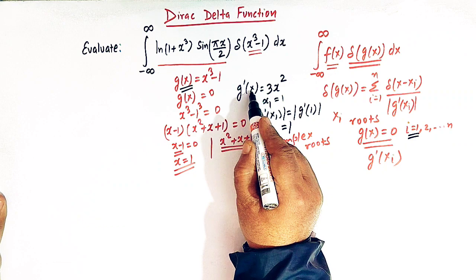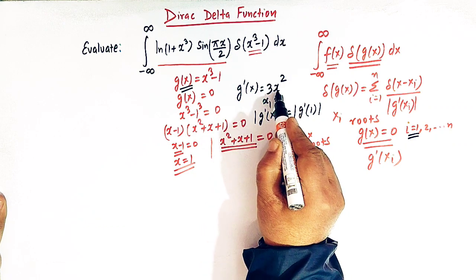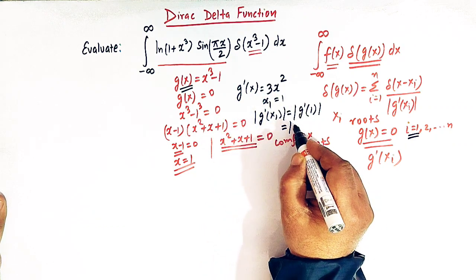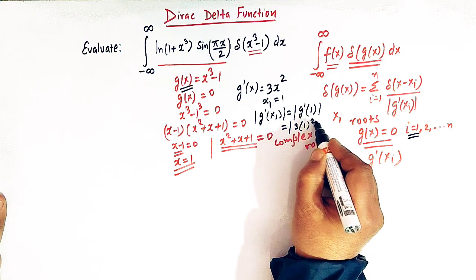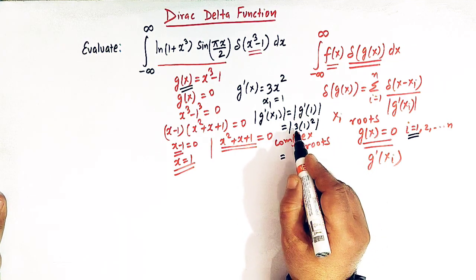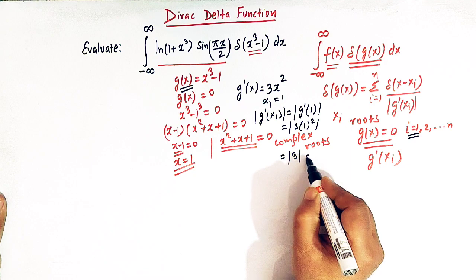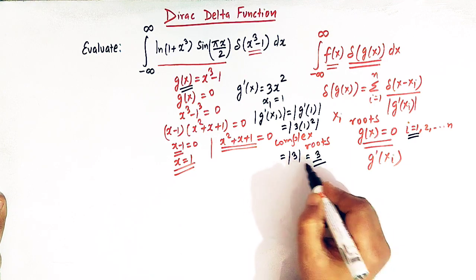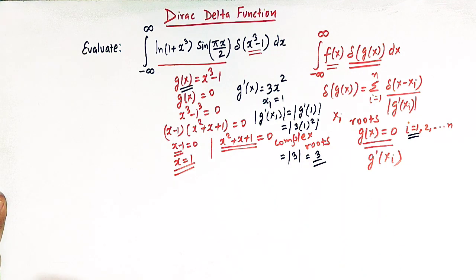G prime of 1 is obtained by taking x is equal to 1, so we have 3 times 1 square, which is equal to 3. Mod of 3 is equal to 3.